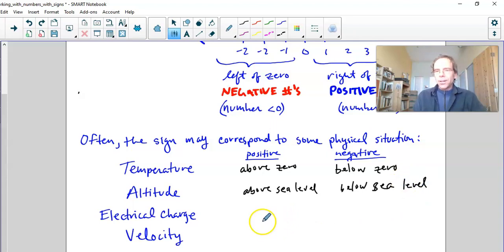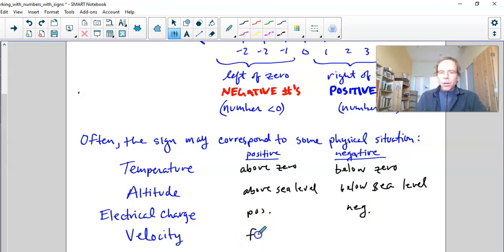How about electrical charge? For those of you who are into physics and things like that, you can have a positive charge. A particle might have a negative charge, like an electron is a negative charged particle. So we have positive, I'll just write positive and negative charge. And velocity.